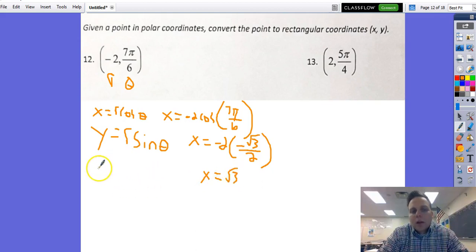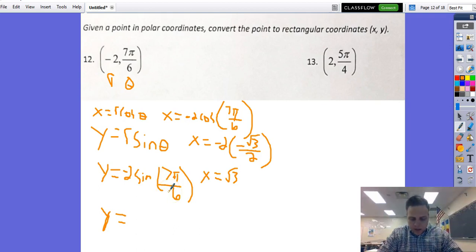Now I'm going to repeat this process for y. So y is equal to -2 times sine of 7 pi divided by 6. I grab my trig chart and look up sine of 7 pi over 6, which is -1/2.